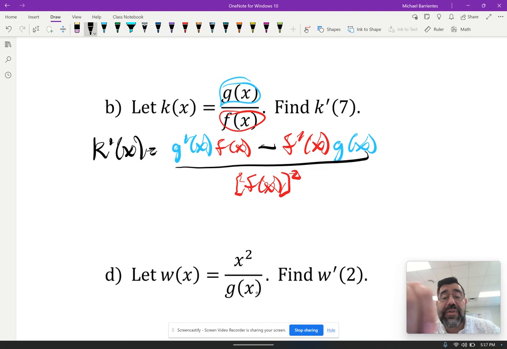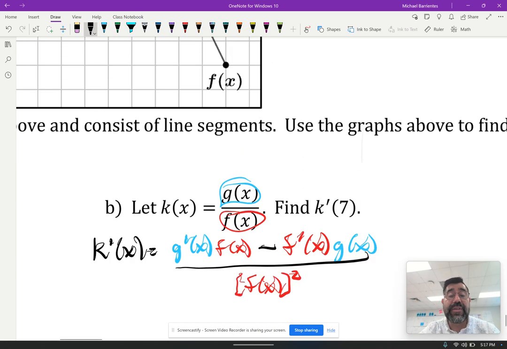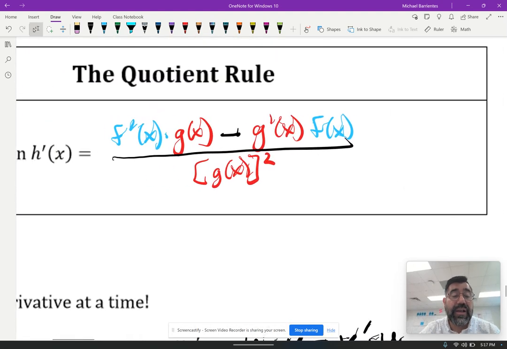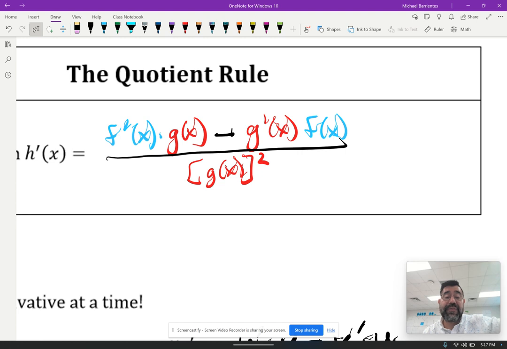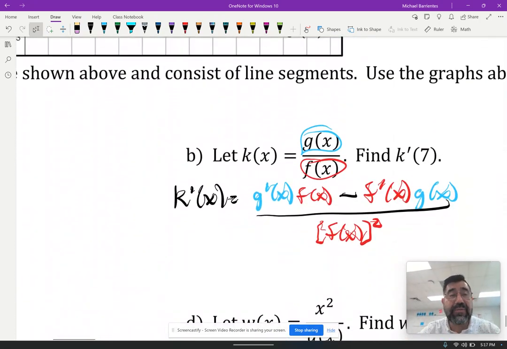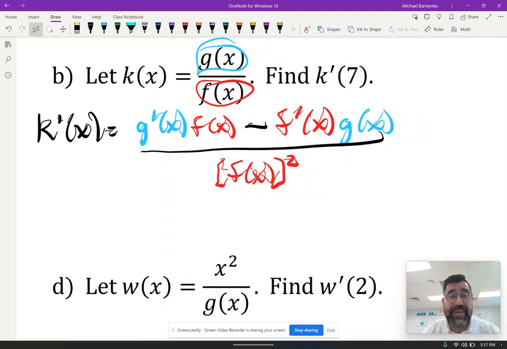And so some students will look at this formula and think, wait, I did something wrong, because this looks different than the notes that I took. Like here, f prime was on top, g of x was on the bottom, but in this problem, it's backwards. We always follow the context, or whatever the given function they tell us is, and then we apply the quotient rule.